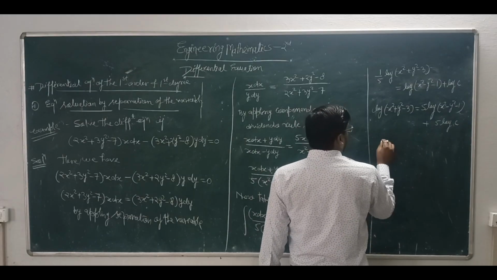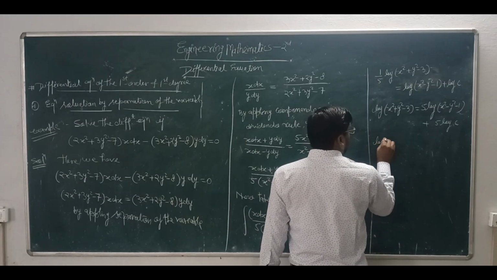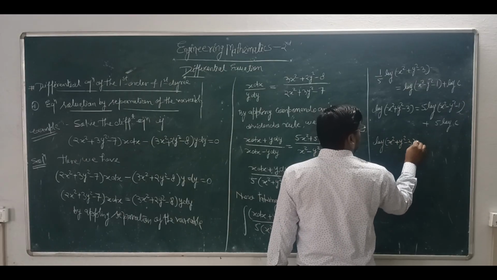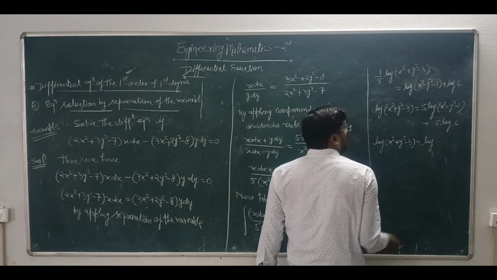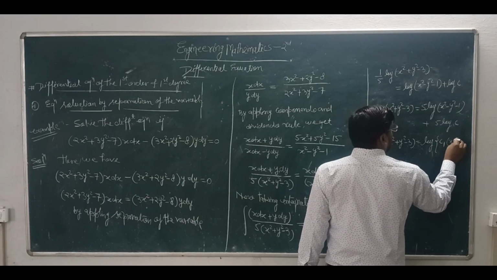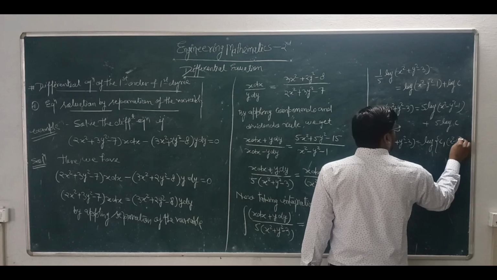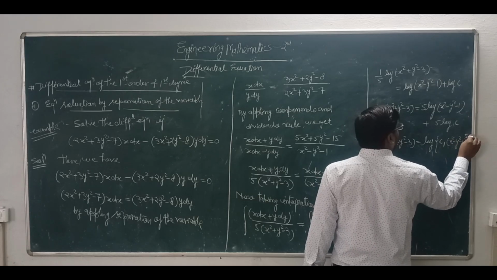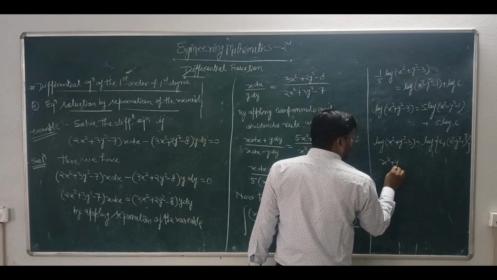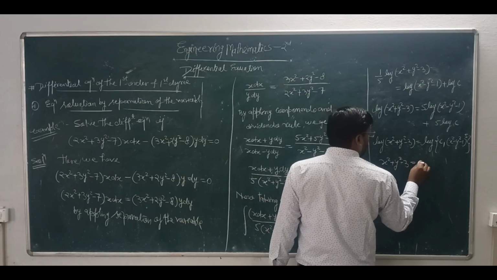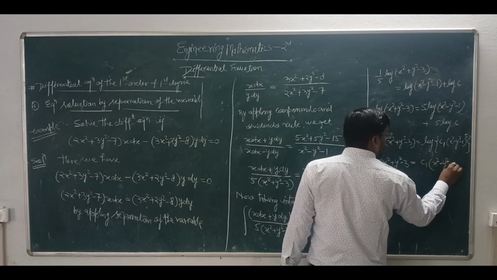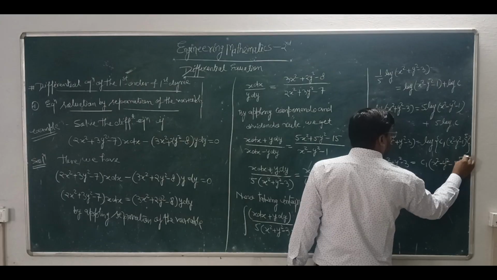Now you can write log (x square + y square - 3) is equal to log c1 (x square - y square - 1) to the power 5. Now you can write x square + y square - 3 is equal to c1 (x square - y square - 1) to the power 5.